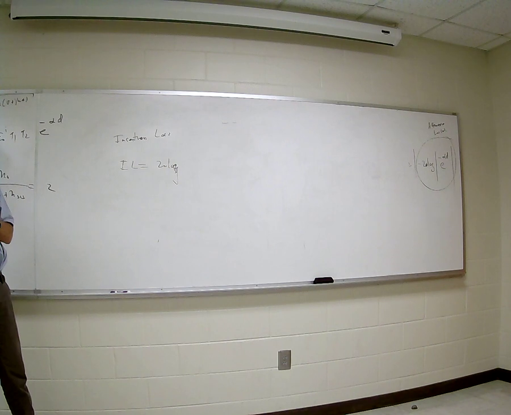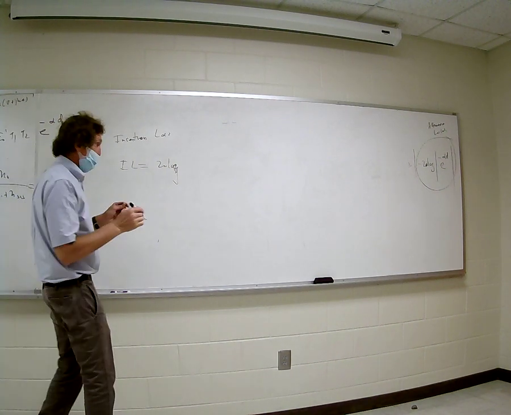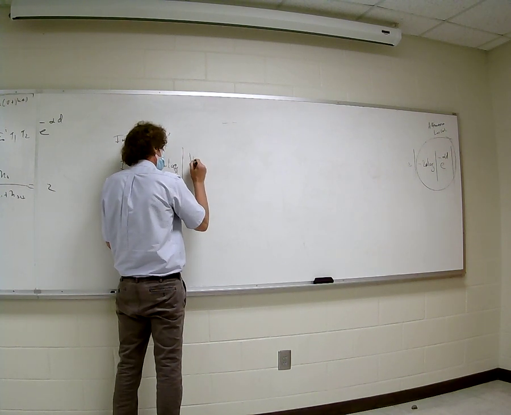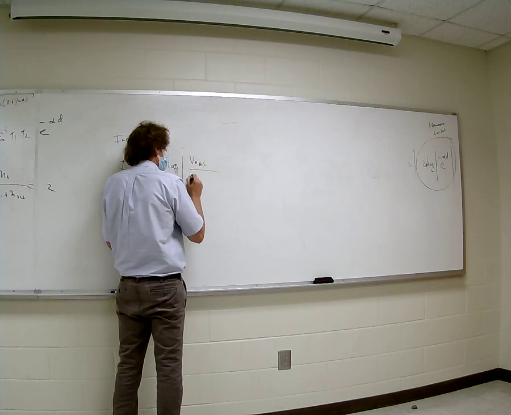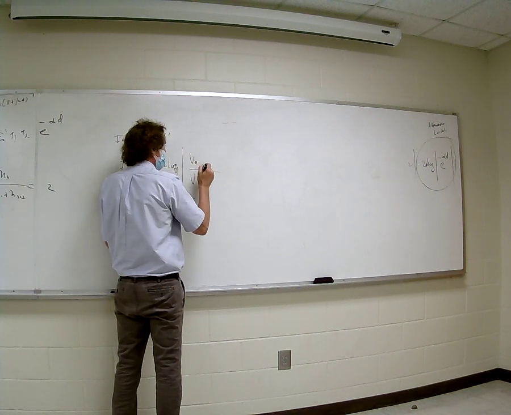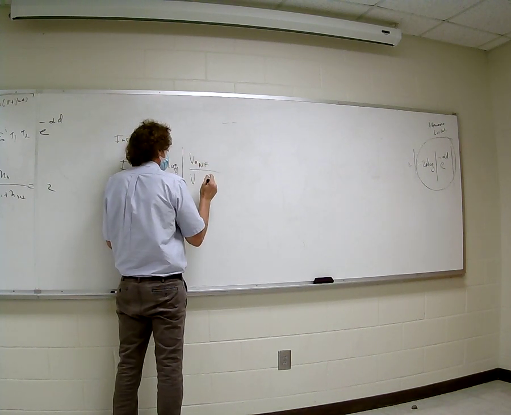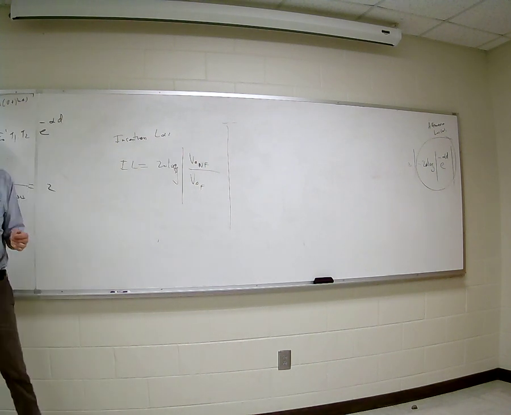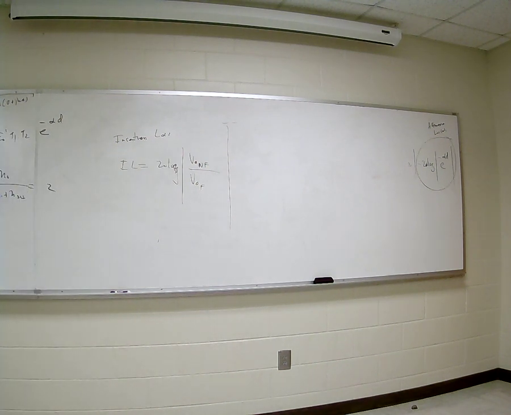It's trying to give you a figure of merit of how good your filtering is. 20 times the log of the magnitude of the output, V out with no filter, over the output with the filter. So whatever your output voltage is before you get the filter, you take that and you ratio it with the voltage that you get after the filter, take 20 times the log of it. That's the insertion loss. It's an easy concept, okay? I'm going to give you some homework with that.